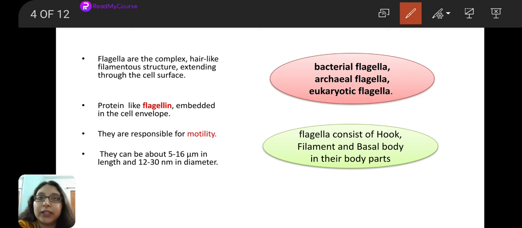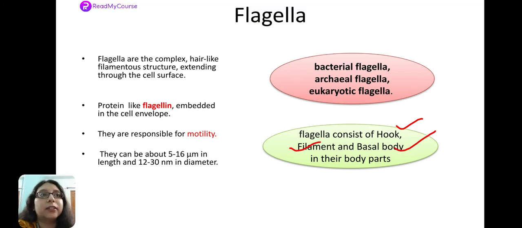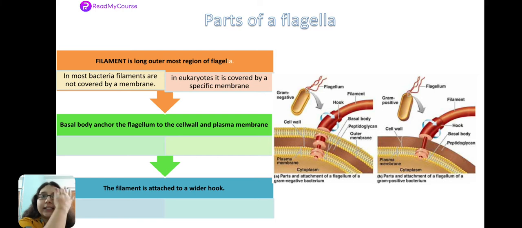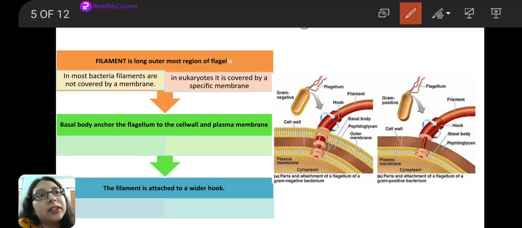Okay, now coming to the basic components of a flagella, it has three parts. This thing we had already studied when we had studied about the prokaryotic flagella. They have a hook, they have a filament, and they have a basal body. We will know in details in the coming slides. See, the picture shows you the various parts. See this white part over here, which I am circling right now.